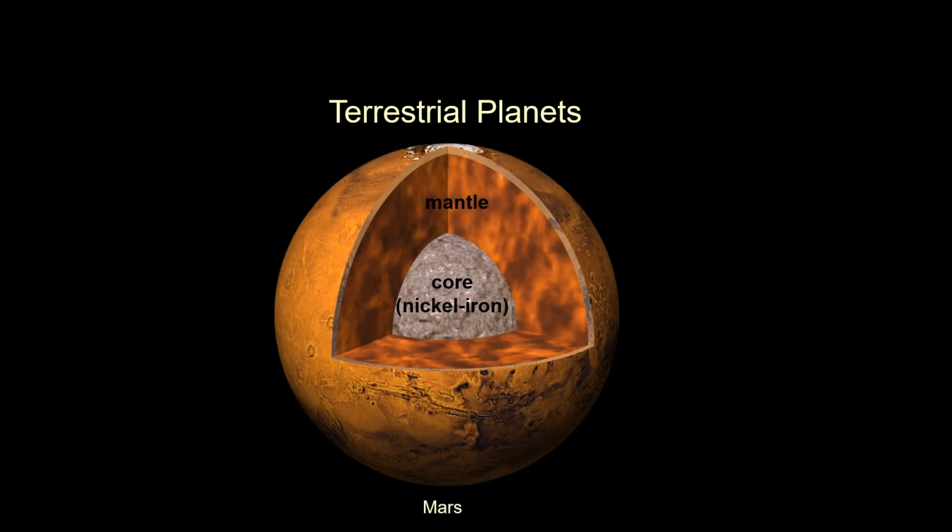And here's a cutaway of one of the terrestrial planets. We're looking at Mars, and we have a solid core, and then we have the mantle, which is made up of liquid, magma-like rock that's still cooling, still in a hot stage, and then a hard crust that we call the crust. So that's one cutaway of a terrestrial planet.